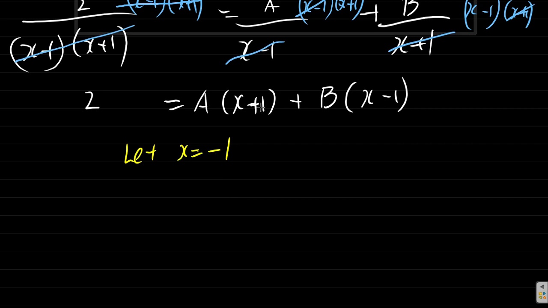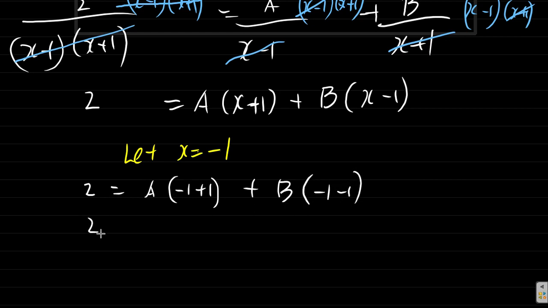Right? And 0 times a is 0. So you do that to get rid of a, because you have one equation in one unknown. It's going to be 2 equal, if I write it back, a times negative 1 plus 1 plus b times negative 1 minus 1.